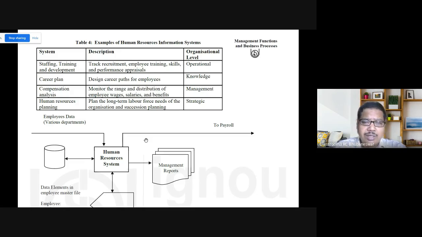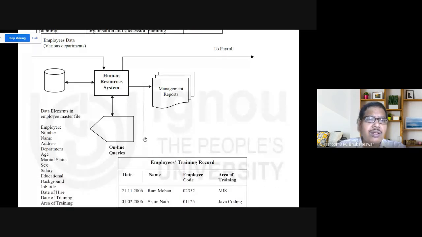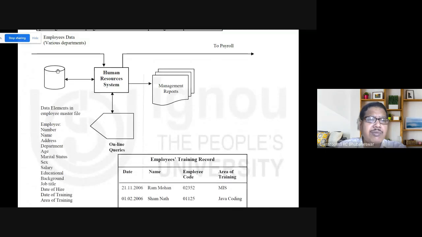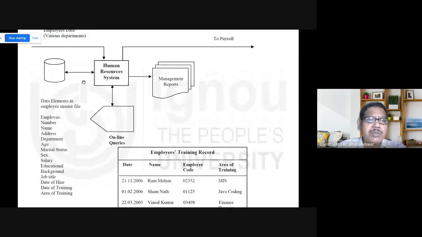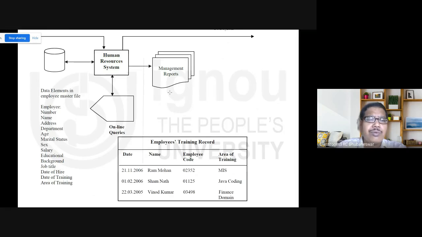Now you see the payroll system, what we go for. Normally we have the database, and based on this database we have to work. Then going for the human resource management here, we always look into what managerial reports we are keeping. And with respect to these managerial reports, we can find out on the basis of online queries.